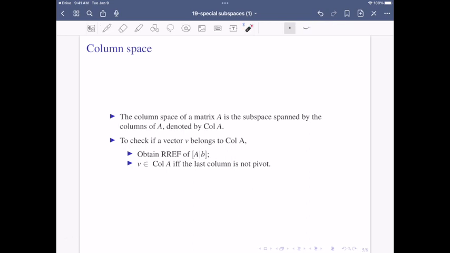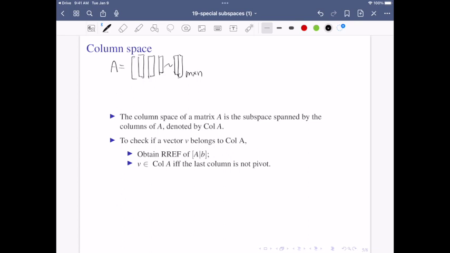Column space. What is column space? The definition is the following. The column space of a matrix A is the subspace spanned by the columns of A, denoted by Col A. Suppose A is an m by n matrix, then there are 1 column, 2 columns, 3 columns, all the way to the end.